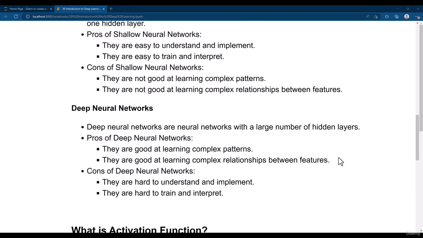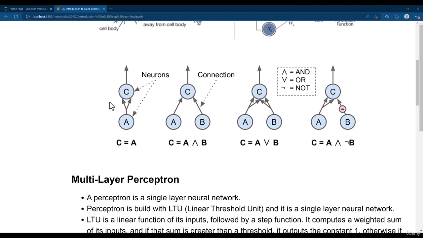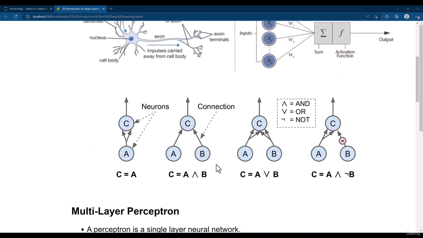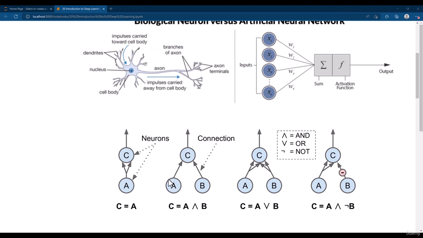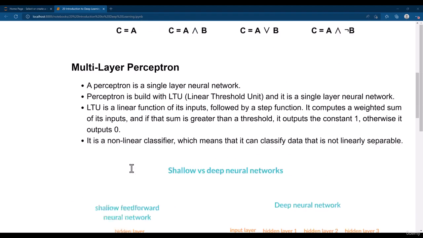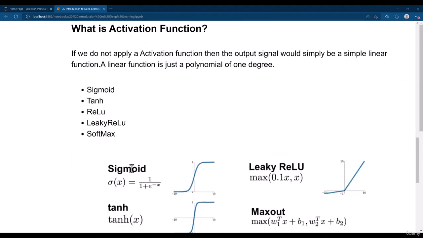Say there is one input and multiple weights, then it takes the maximum of those, whichever it comes to.